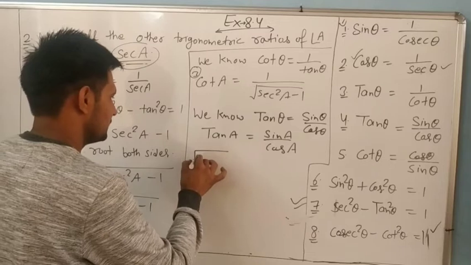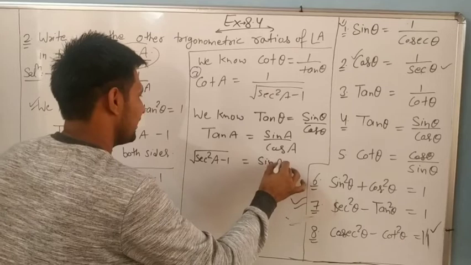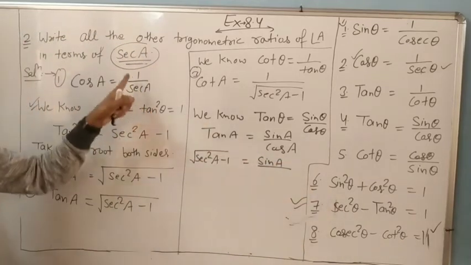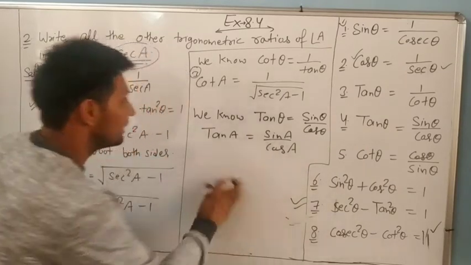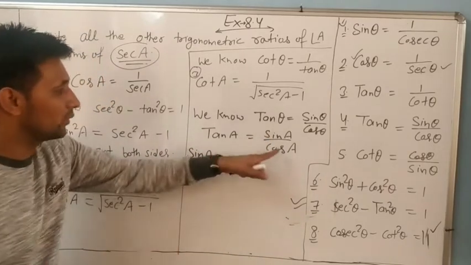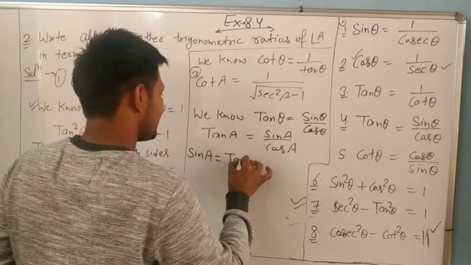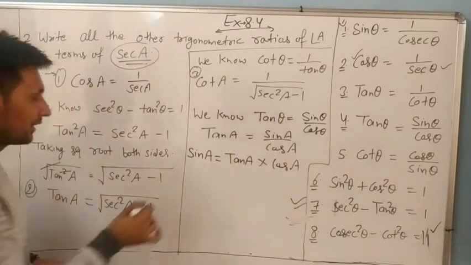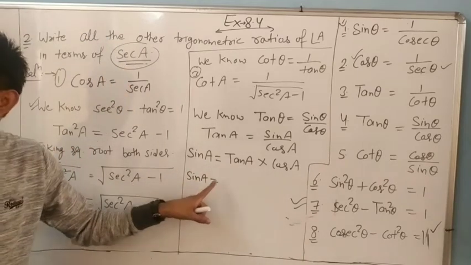It is the square root of secant square A minus 1, equal to sine A over cos A. Cos A is 1 by sec A. Otherwise you can write like this, dear: sine A is equal to, on the other side, multiply, tan A into cos A.